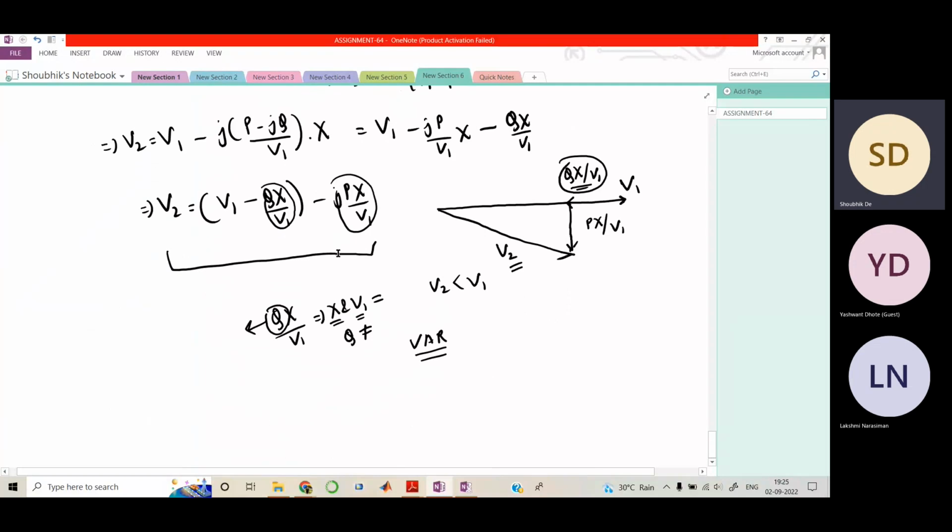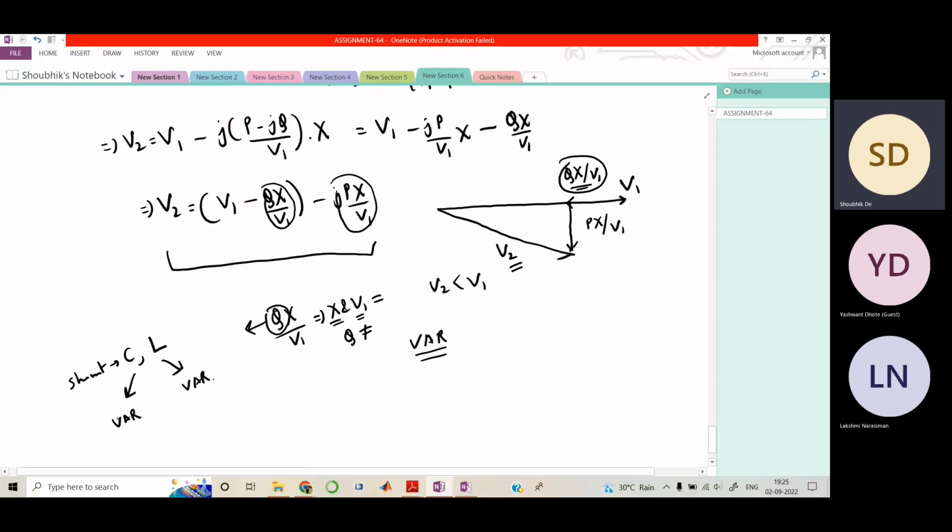Shunt element mainly means your capacitor or your inductor. We will see that a capacitor delivers reactive power, and an inductor absorbs reactive power.